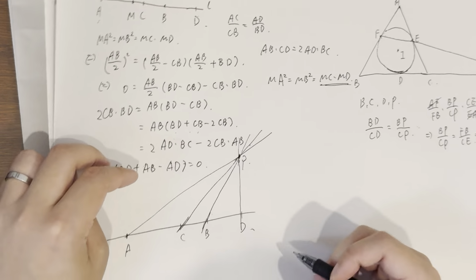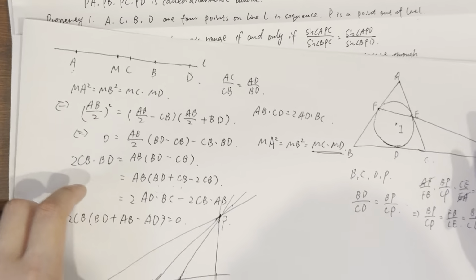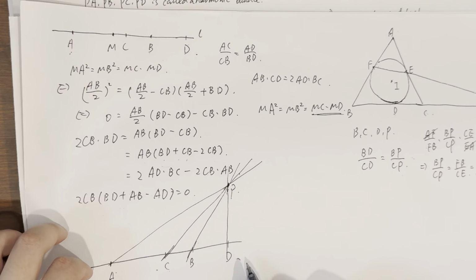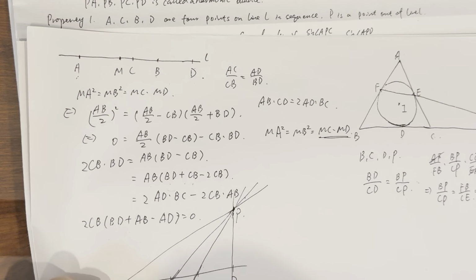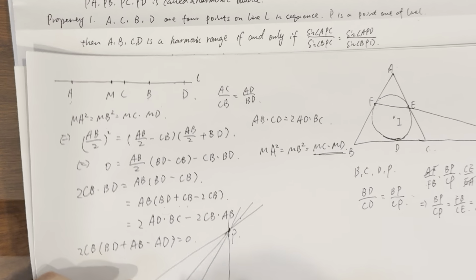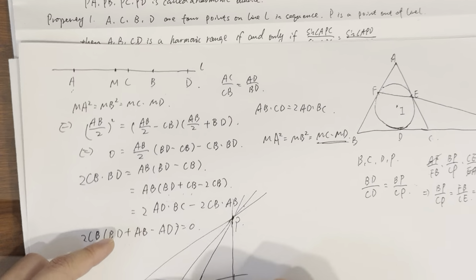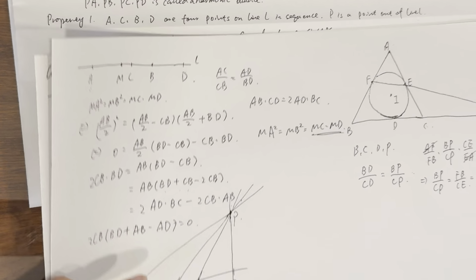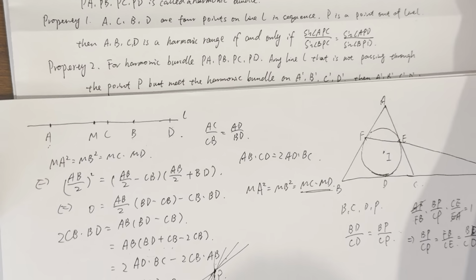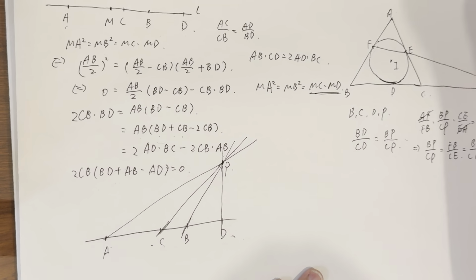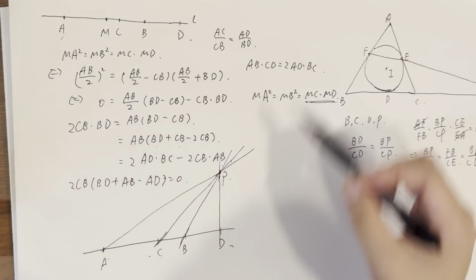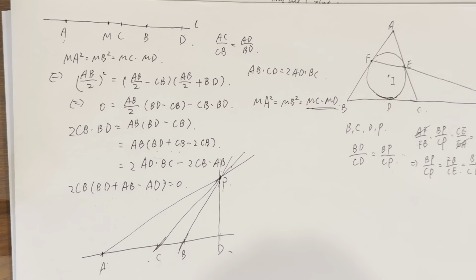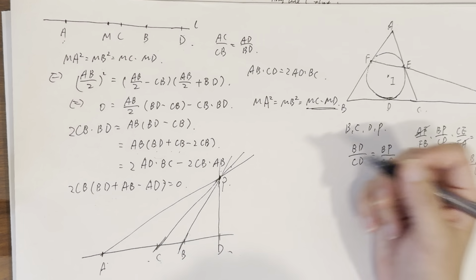Okay? So we want to prove that if ACBD is a harmonic range, then sine angle APC to sine angle BPC equals sine angle APD to sine angle BPD, right? And vice versa. So let's think about how to get sine angle APC to sine angle BPC. Of course, we need to use the sine law, right?